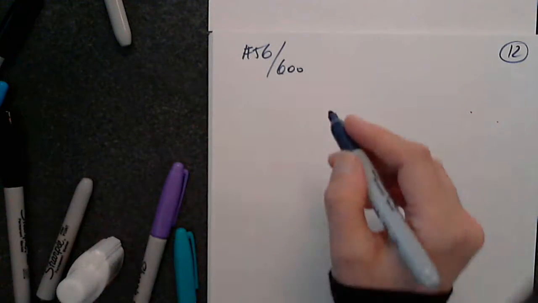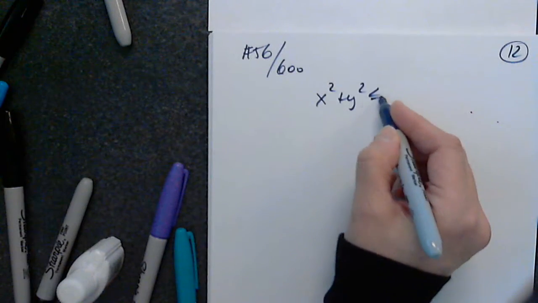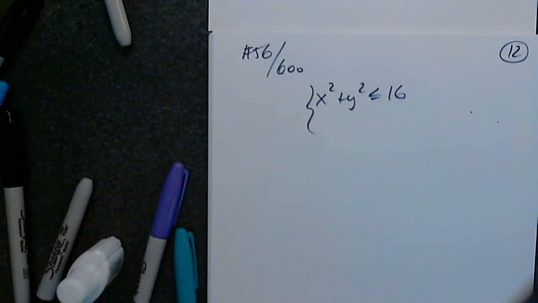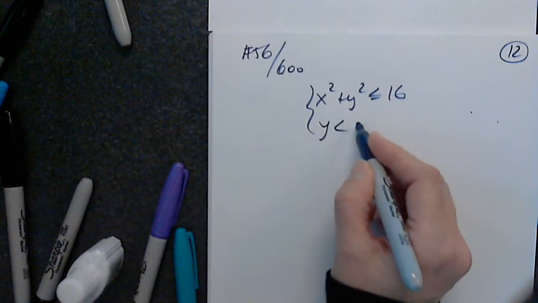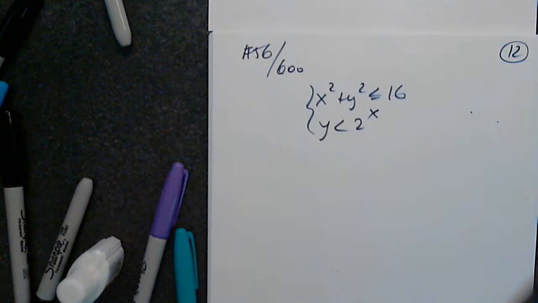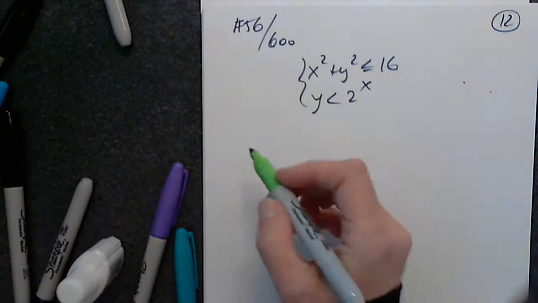x squared plus y squared less than or equal to 16, and y less than 2 to the x. Very good. So the first one has no difficulties, right?